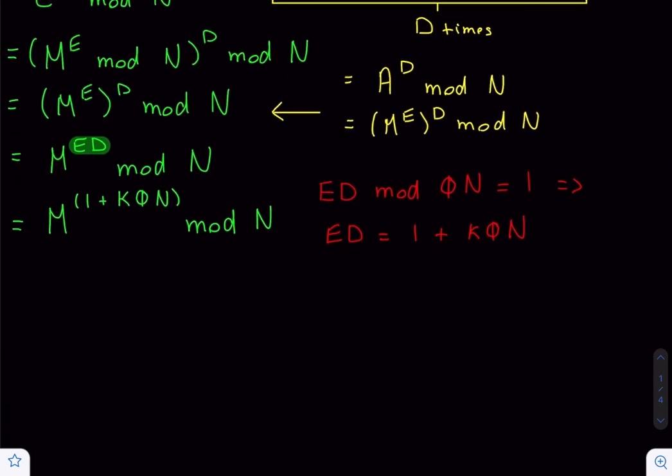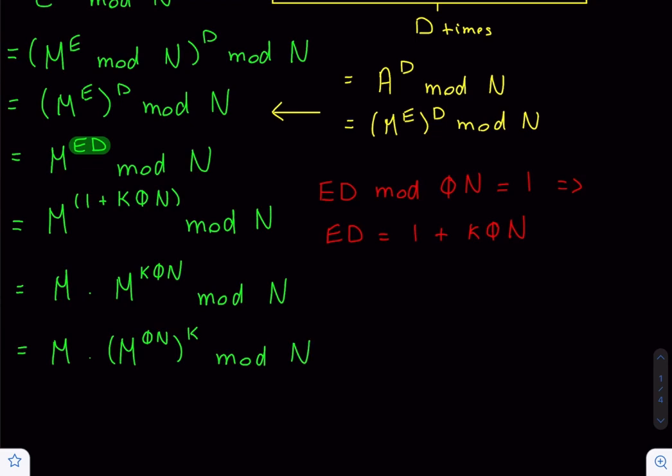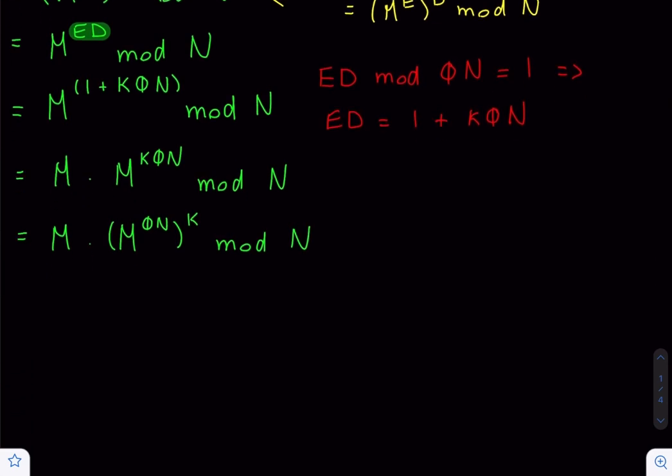I can then say that this is equal to m times m to the k phi n power mod n, just by properties of exponents, and that this in turn is equal to m times m to the phi n to the k mod n, again by properties of exponents, and that this is equal to m times m to the phi n mod n, all raised to the k power mod n.